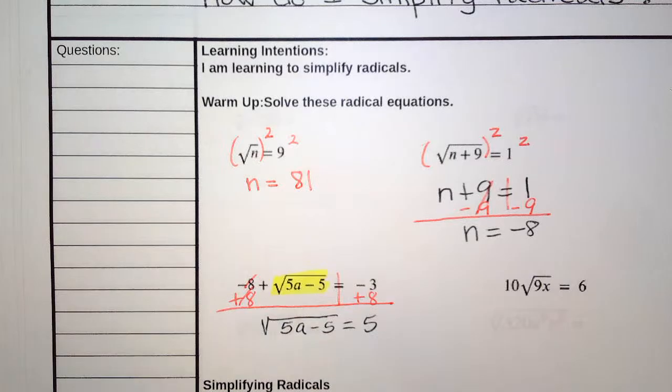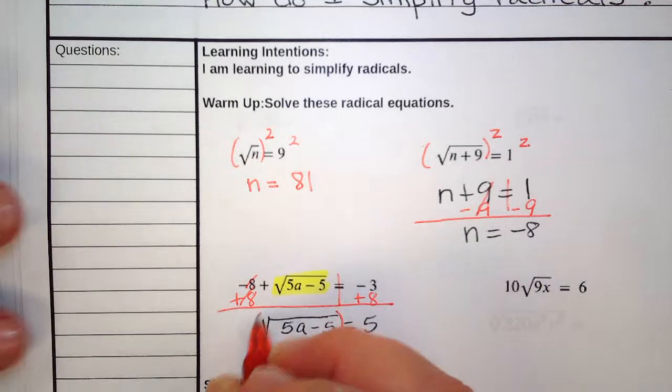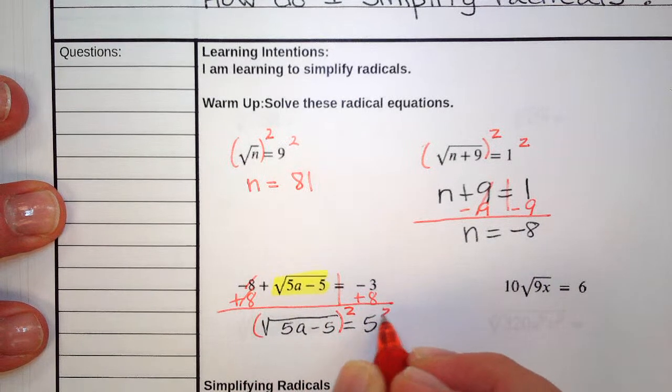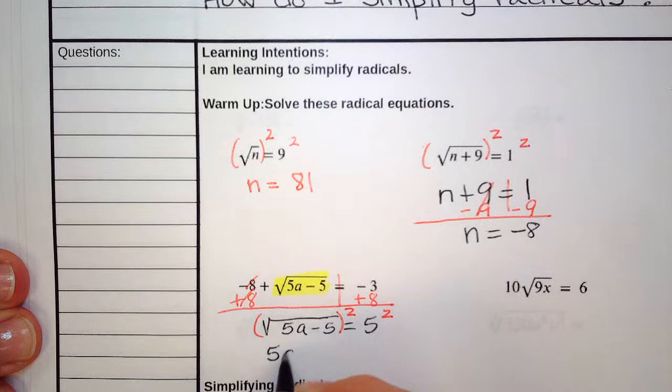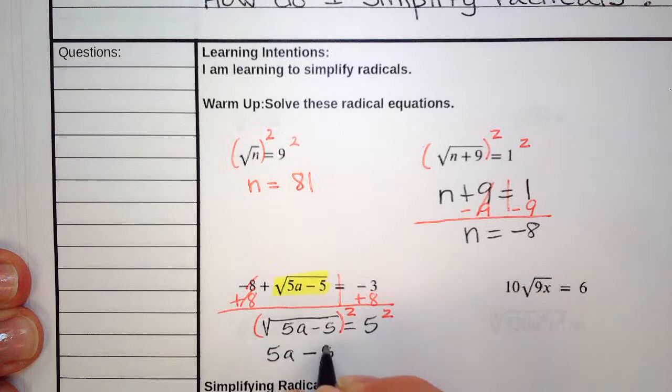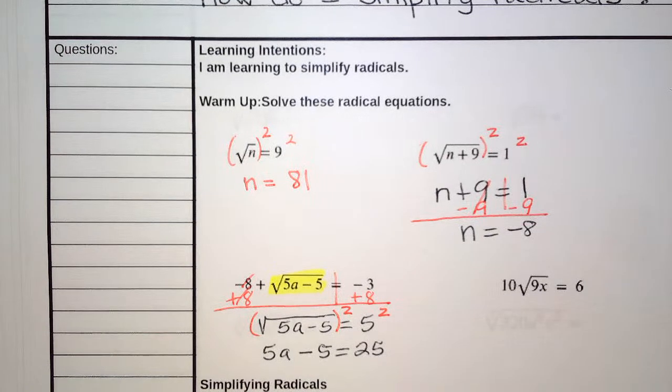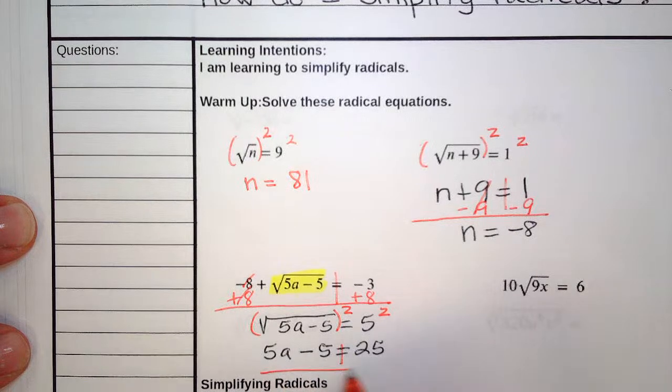The opposite of square rooting is squaring, so I'll square both sides. 5a minus 5 is equal to 25. Okay, I'm going to add 5 to both sides.